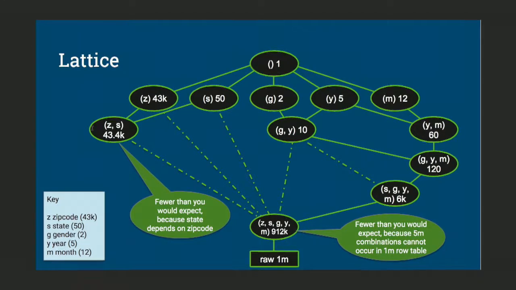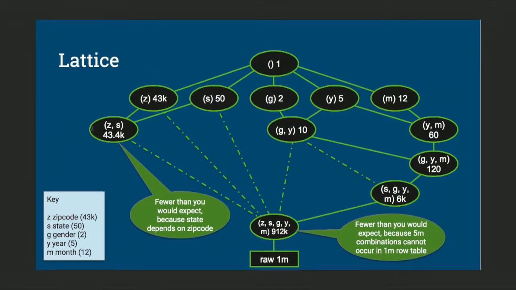Zip code and state are kind of interesting because there are 50 distinct states and 43,000 zip codes, but there are only 43,400 combinations of zip code and state. Because these are almost functionally dependent, there are very few zip codes that cross state boundaries.